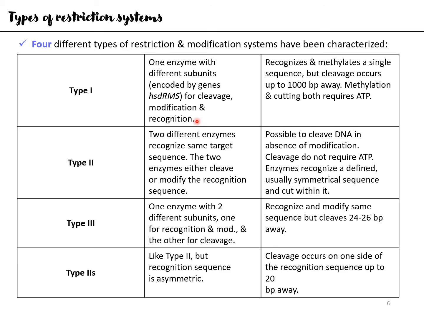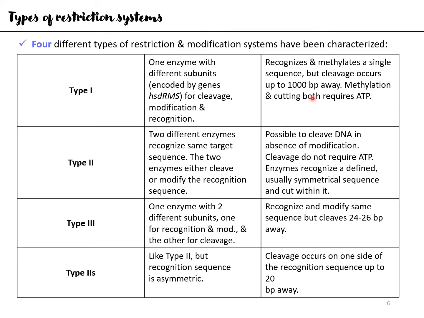But this single enzyme has different subunits, and each of these subunits performs one of the functions. So one subunit performs cleavage, the other one performs modification, and the other one helps in recognition. Type 1 enzymes can recognize and methylate a single sequence. So it will recognize and methylate the same sequence, but cleavage occurs up to 1000 base pairs away.